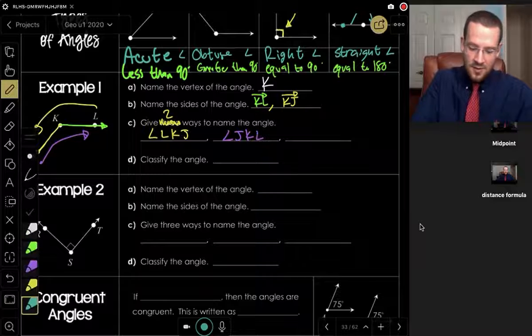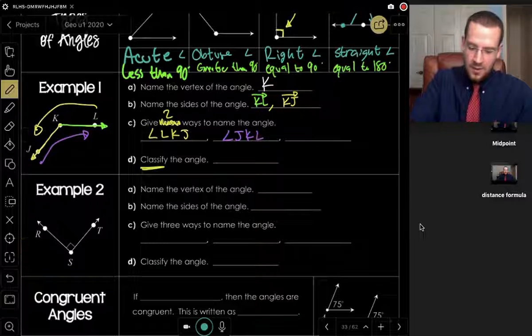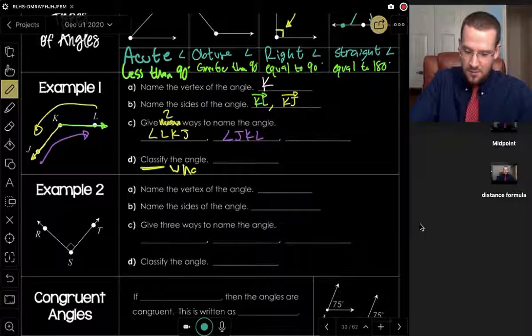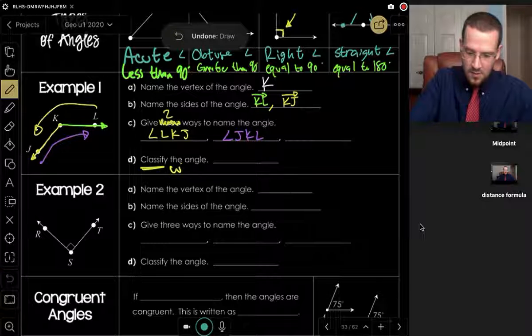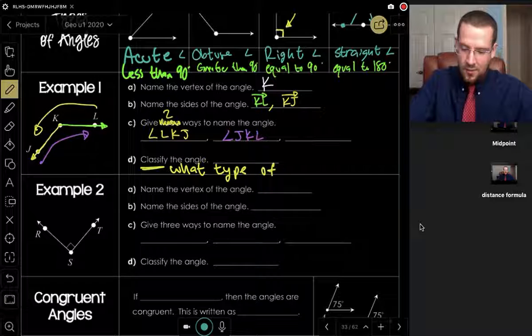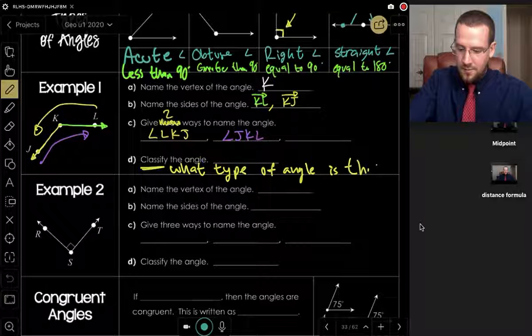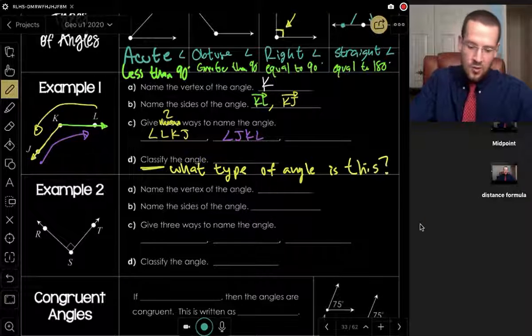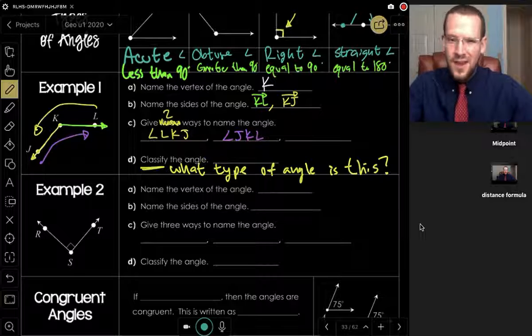Whenever you see the word classify, it means what type. What type of angle is this? So classify the angle means what type of angle is this?